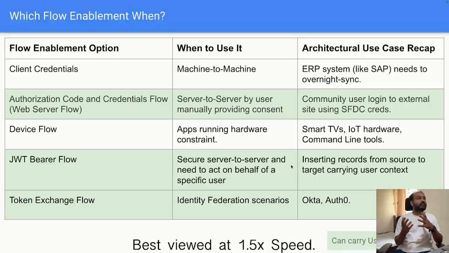But let's say we talk about web server flow. We spoke in episode 3 that as a partner, I want to log into an AWS server, but I need to carry the user context. In that case, we used web server flow, where users authenticate to that org by themselves. So if you have a business requirement where you want to allow your users to authenticate by themselves, and based on that you want to pull the information, then only you should go with web server flow.